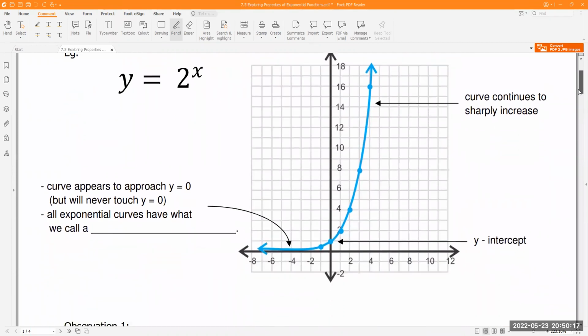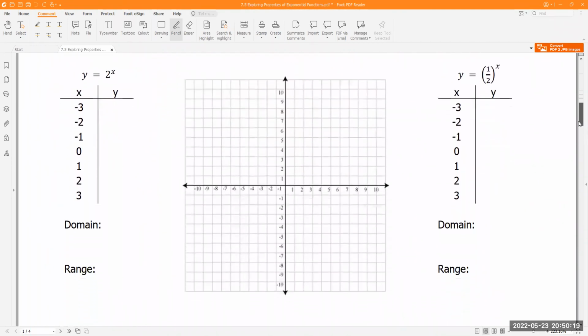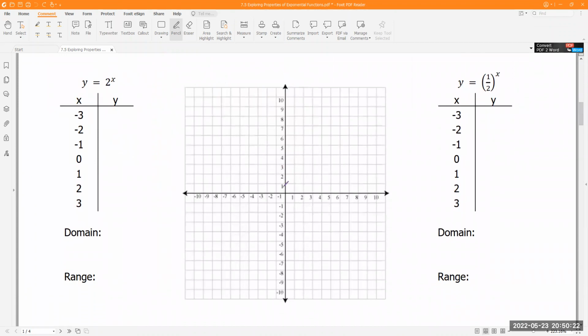I'm going to continue on, sort of remind you of what we have done so far, and that is to graph two different exponential functions just to show you the general shape that exponential functions take, so that anytime you see something like this, you'll be like, oh, I'm dealing with something to the power of x.